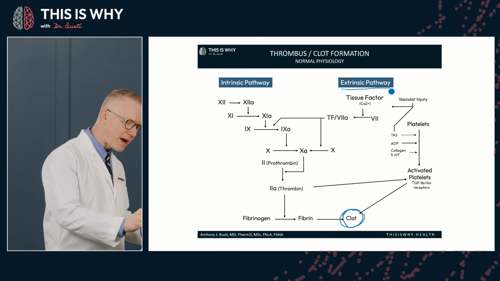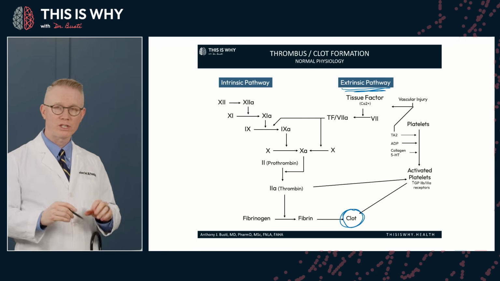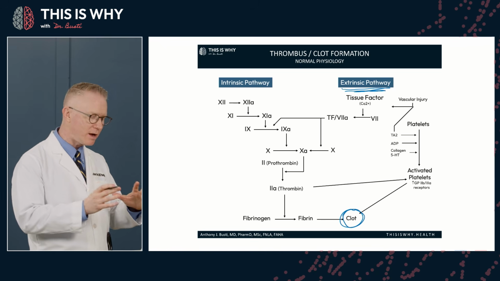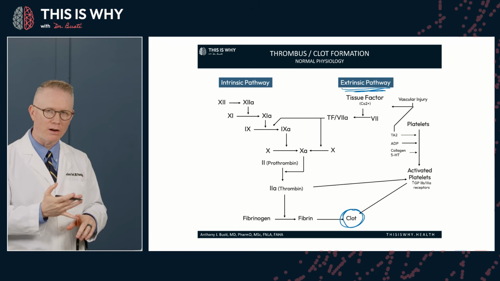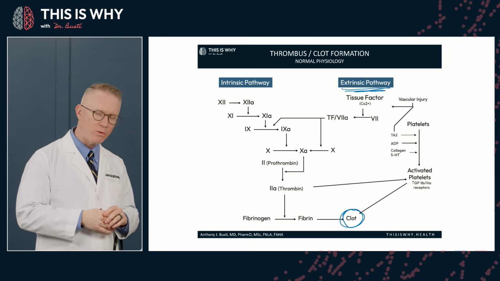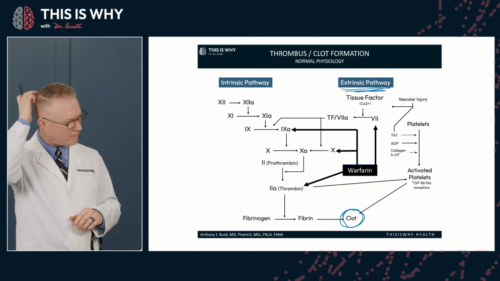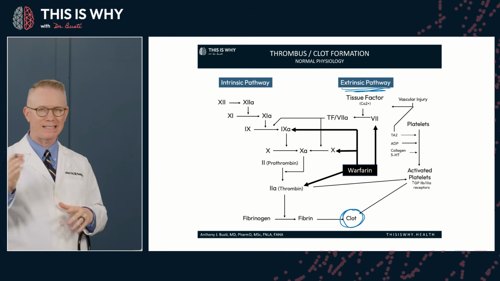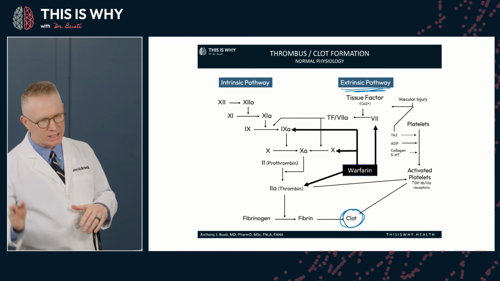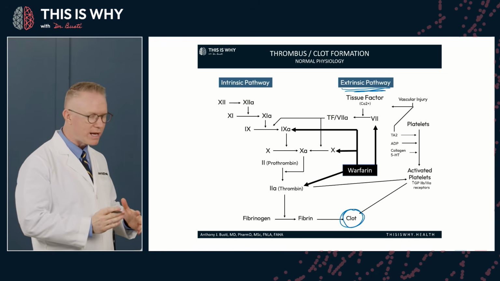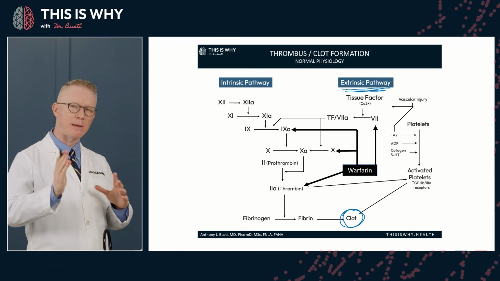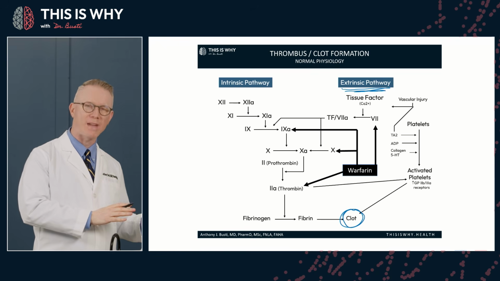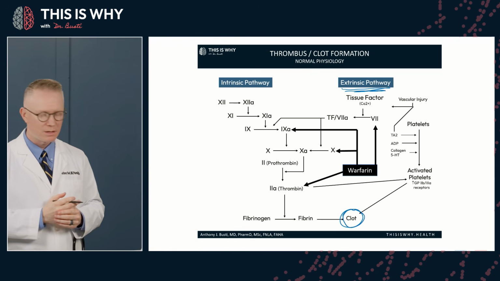The extrinsic pathway over here, which is typically manifested most in the lab monitoring of the PT/INR, is primarily affected by warfarin. Okay, so you see that here. So remember, warfarin affects 2, 7, 9, 10 and protein C and S that all regulate more. And so the PT/INR manifests more of the effect on the labs.